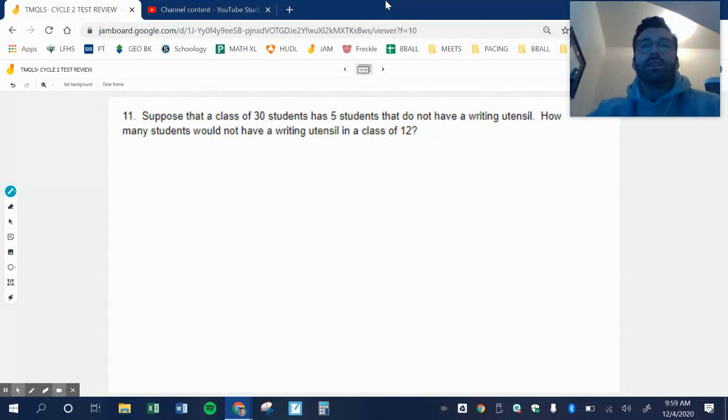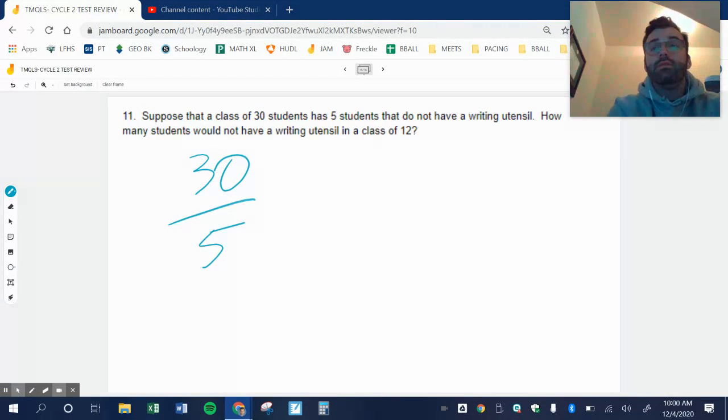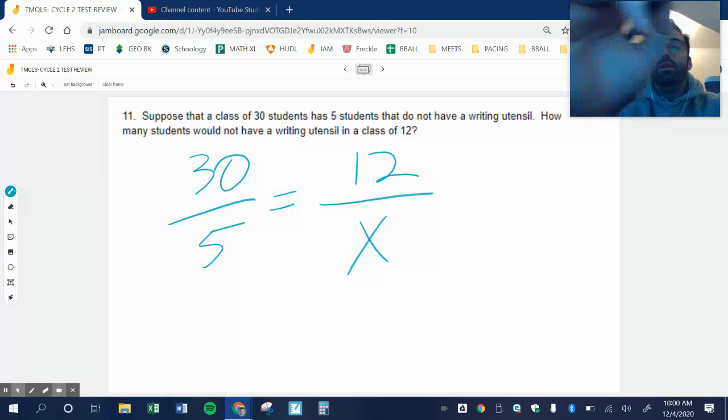Suppose a class of 30 students has 5 students that do not have a writing utensil. How many students would not have a writing utensil in a class of 12? So in this case, I would just set a proportion. 30 students in the class, 5 without it, equals 12 students in the class, x without it.